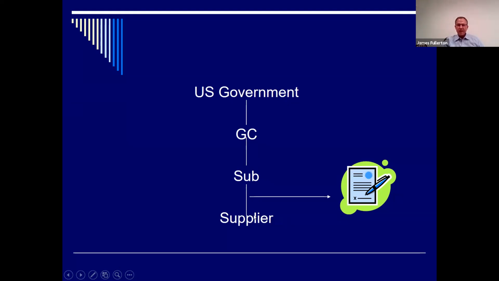But if this sub does not pay, this supplier can require the GC, even if the GC has paid the sub in full, this supplier can make this GC pay again for the materials and pay all of the supplier's attorney's fees and make the GC pay 18% interest if those are all included in the amount due to the GC.